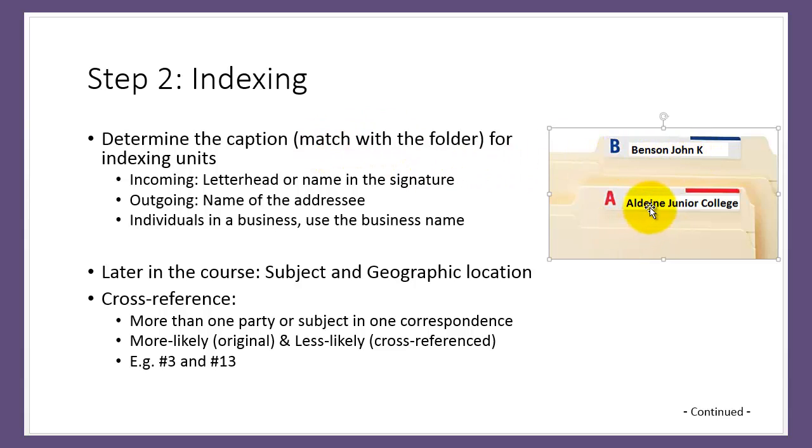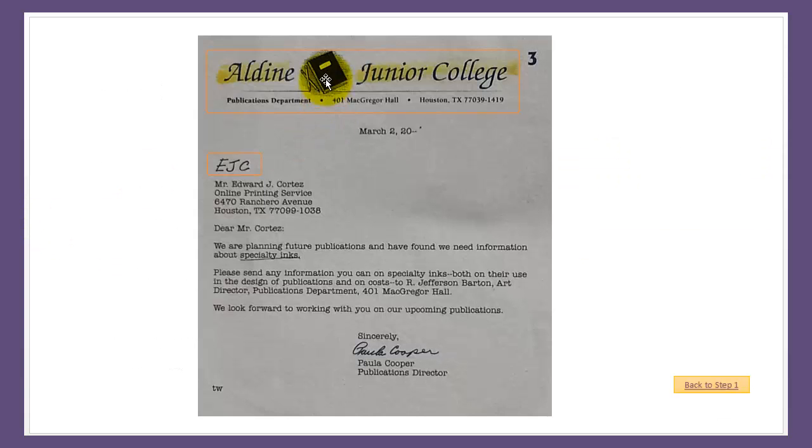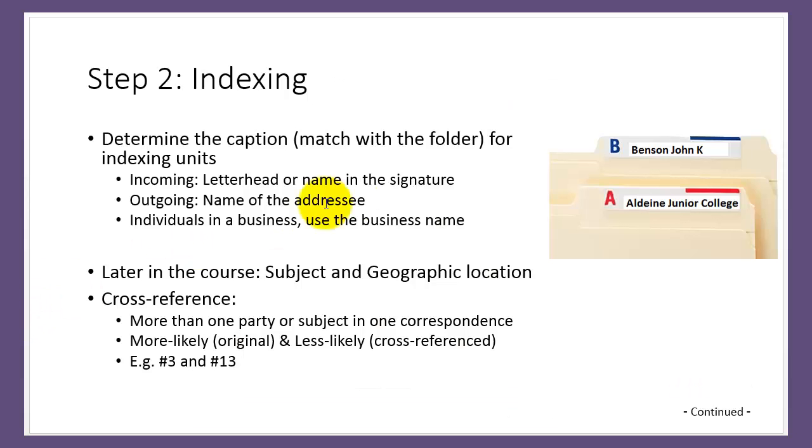For example, Aldan Junior College, that's the caption on the label of a folder for that college, and you want to make sure that this matches when you indicate what will be the units for indexing.